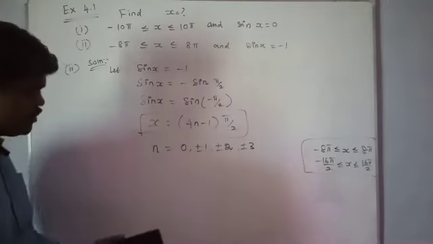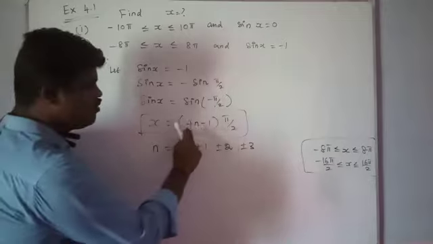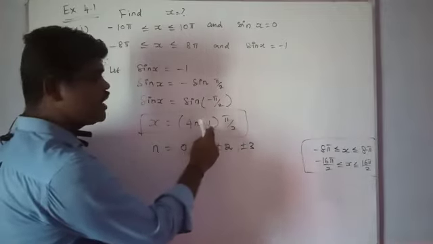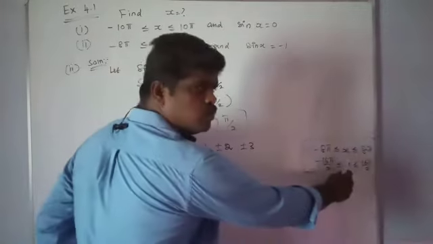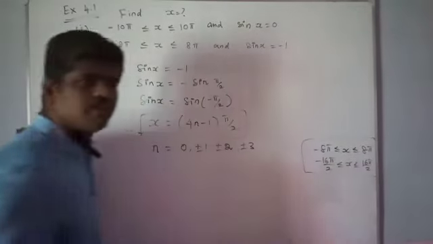If we put n equal to 3, 4 into 3 is 12, 12 minus 1 is 11, so 11 by 2 lies between minus 16 by 2 and plus 16 by 2.